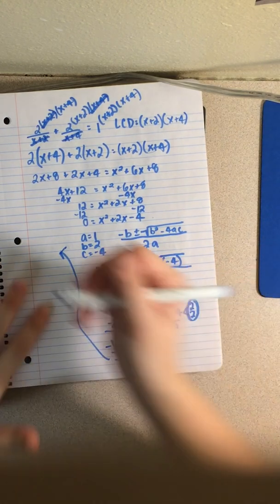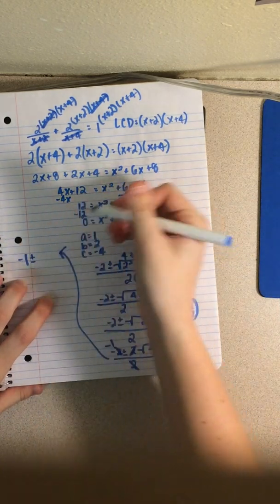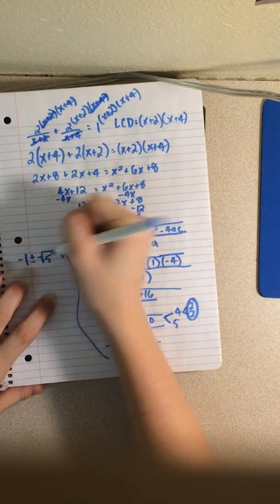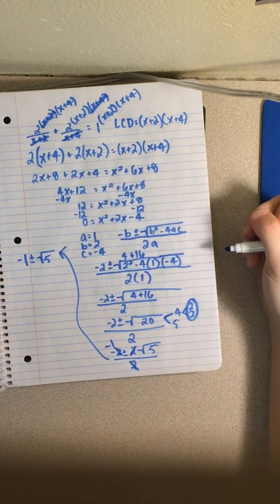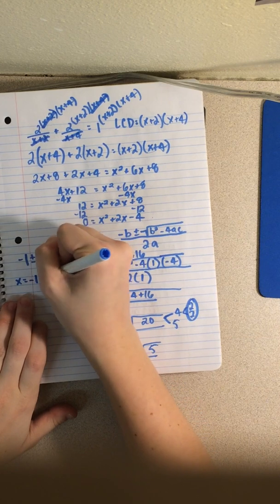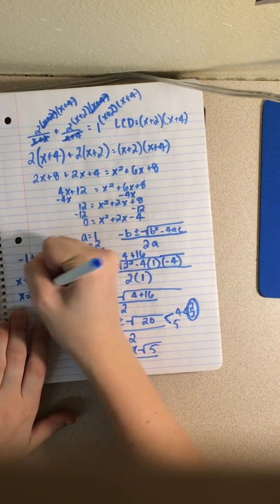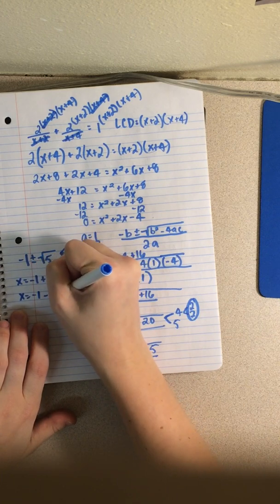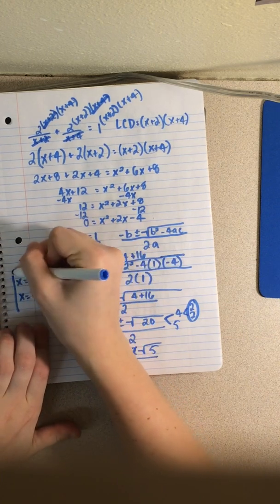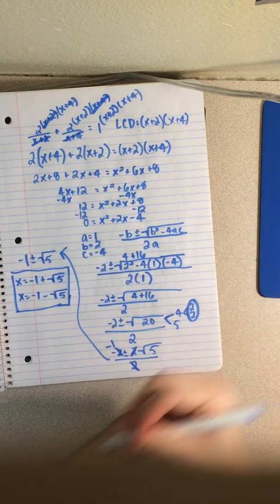So your answer is negative 1 plus or minus the square root of 5, so x will equal negative 1 plus the square root of 5, and x equals negative 1 minus the square root of 5. So right there is your answer.